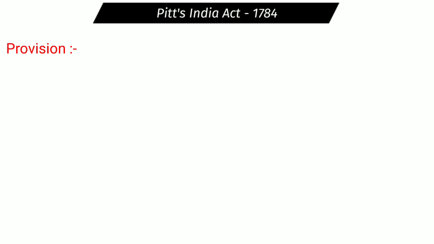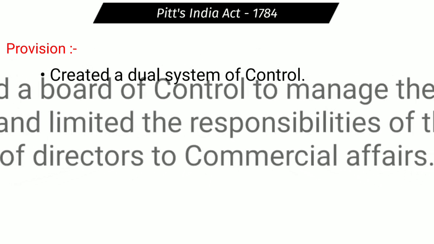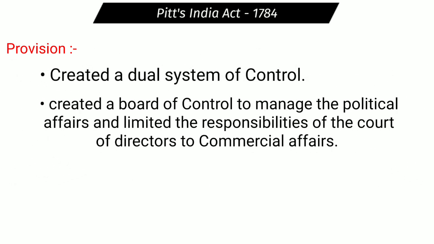So many provisions were made under this act. For instance, before this act, there was only one body in the company, the Board of Directors, which used to deal with both political affairs and commercial affairs, and they were not answerable to anyone. But after the coming of this act, another body was created, which was the Board of Control.